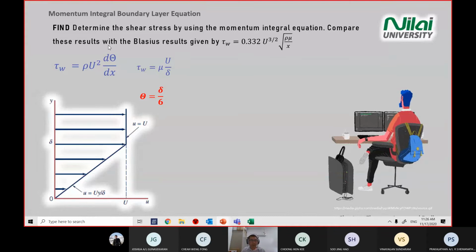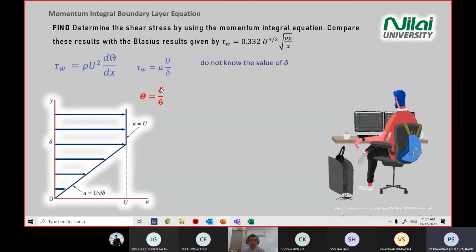So we have the shear stress equation in the momentum differential format. We have our wall shear stress definition. We have our momentum thickness that we derived for this section. We integrate, we substitute all the values and equations given. At the end, our momentum thickness is given by delta divided by 6.